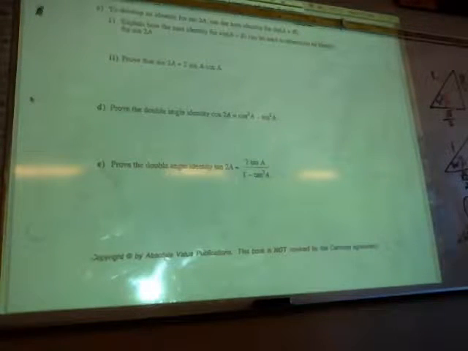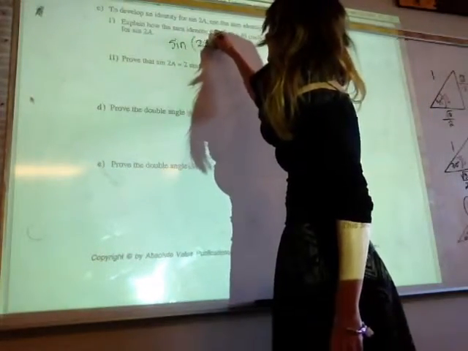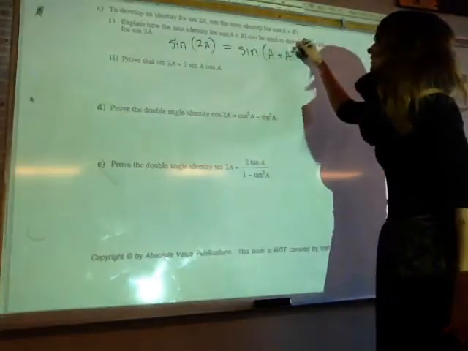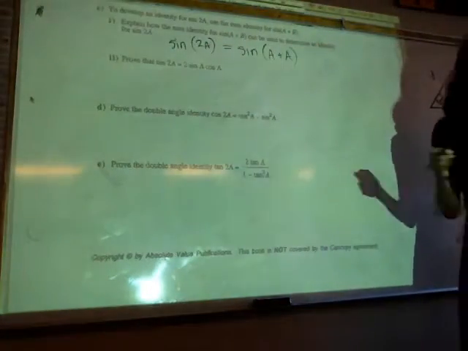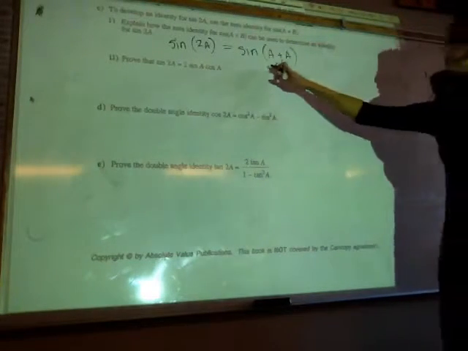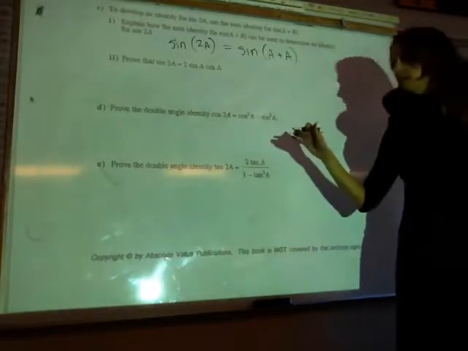b. So explain how the sum identity for sine a plus b can be used to determine the identity for sine 2a. Basically, we're going to show that sine 2a can be rewritten as sine a plus a. Okay? A plus a is equal to 2a. So here, now we can apply the sum identity for sine.